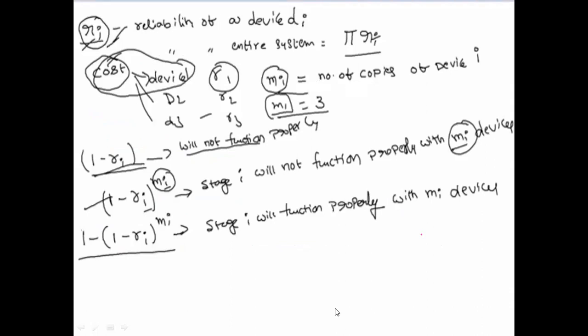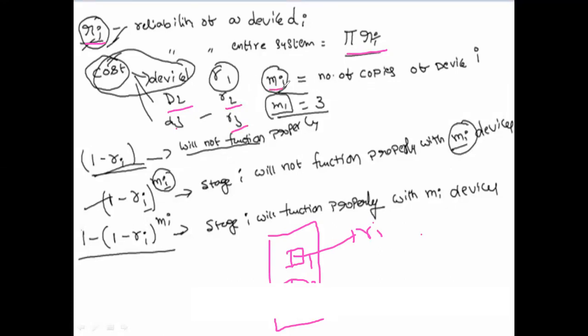So I said Ri means the reliability of the device. Suppose this is stage 1, with D1 and D2. For this device the reliability is Ri. And the overall reliability of the entire system is the product of the Ri. We have different stages, stage 1, stage 2, stage 3, and each device has some reliability R1, R2.